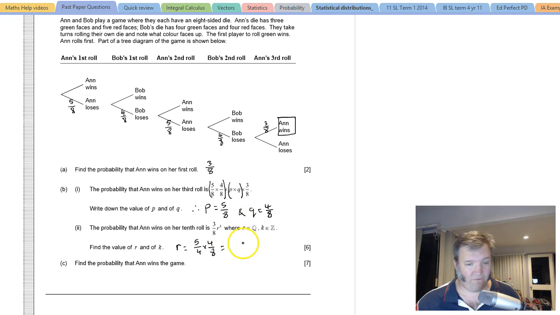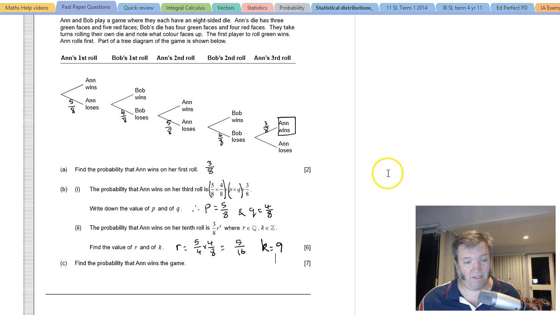So it's 20/48, but we've already said that we know what that is. That's 5/16, and k, how many losses are we going to have? k is going to be 9. There must be 9 sets of both people losing before we get Anne winning on her 10th roll.